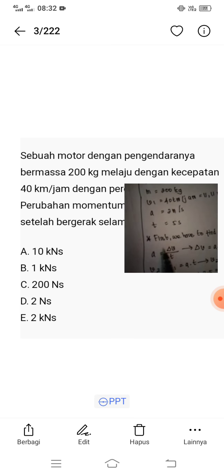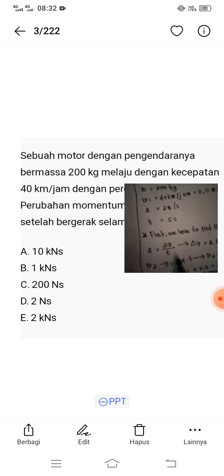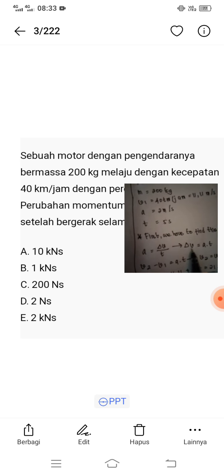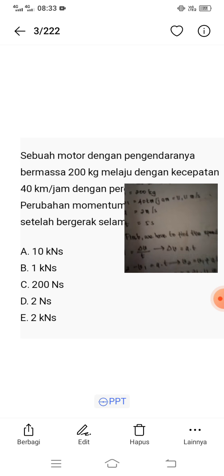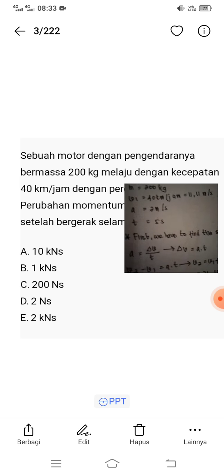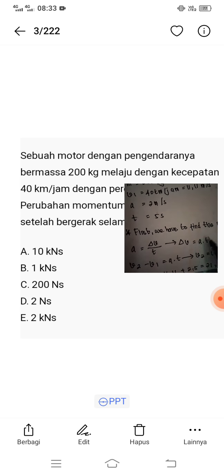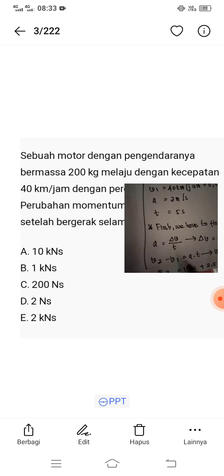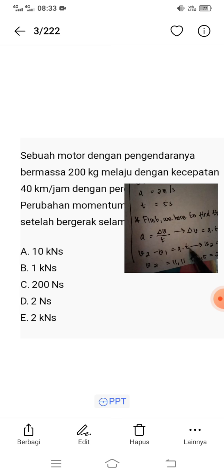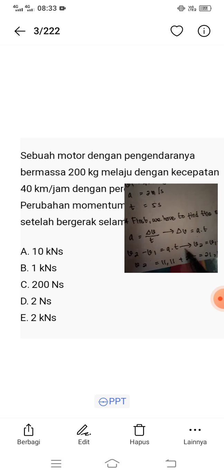a is change in v divided by t. Change in v is a multiplied by t. Velocity 2 minus velocity 1 is a multiplied by t.